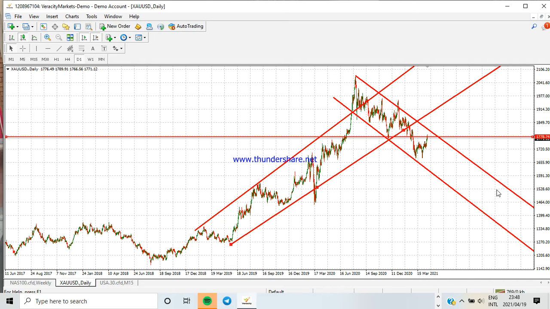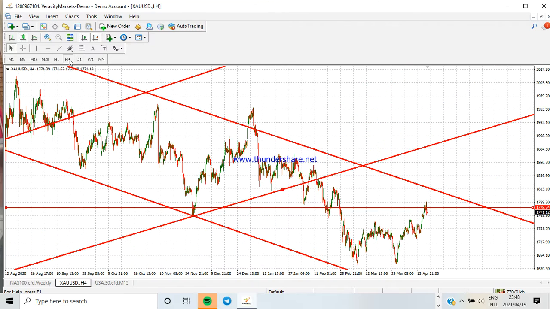That's what our daily time frame is telling us. Now, if we go to the 4-hour chart, we see the same thing. In the 4-hour chart, we might go to the downside, maybe make a little bit of retest, and then follow the trend. Now, let's look at the hour.